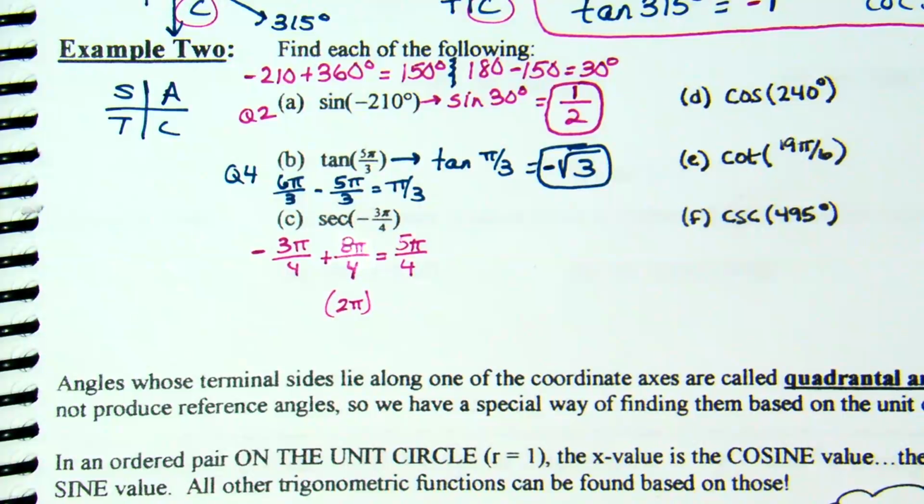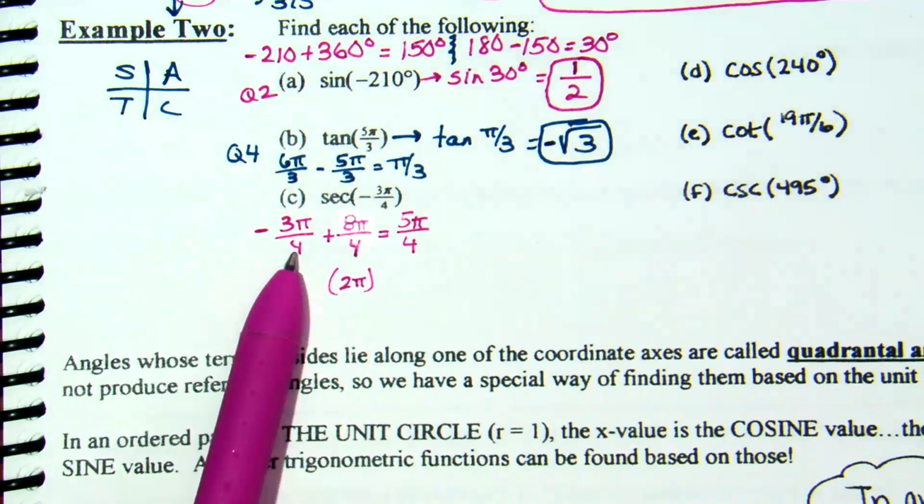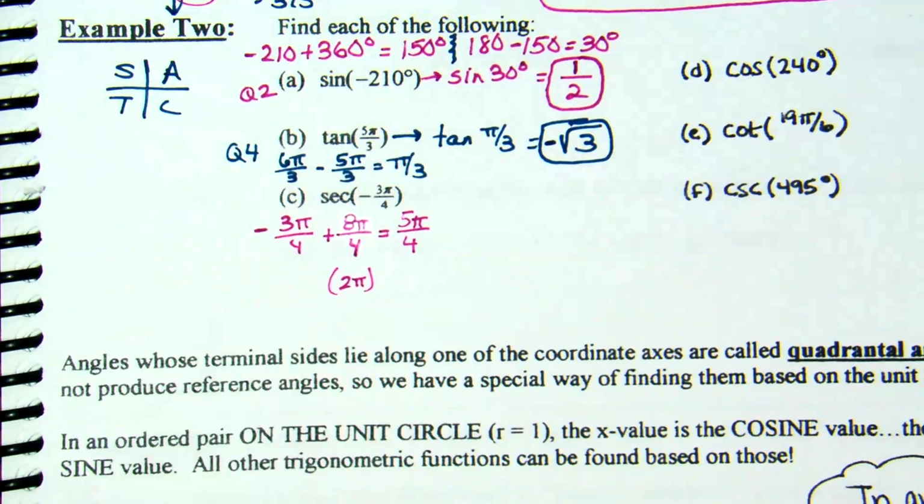Say that again, what just happened? Okay. So I need to unconfuse. Okay. So, negative 3 pi over 4. Some of you are going to tell me, I don't know where the negative 3 pi over 4 is.